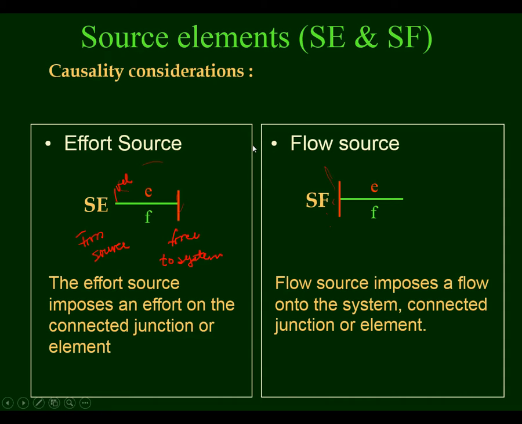In here, for the other one, this originates. This is a flow, and this is the effort, like that. This is the reverse. The flow source provides a velocity input, and the effort source provides a force input. In the case of an electrical system, the flow source would determine the current, and then the AC would be a voltage source.